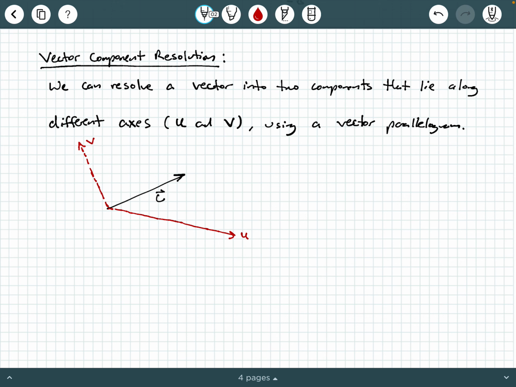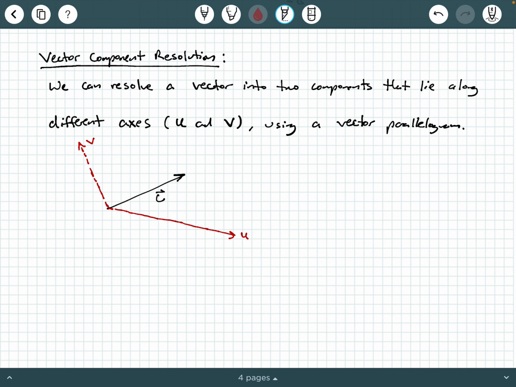V axis and U axis. Okay, so what I can do is use this concept of a vector parallelogram and break this vector C down into components that lie along the U axis and the V axis. All right, so it's kind of like going backwards. It's like taking something that's already a resultant and breaking it down into two vectors that pieced it together.